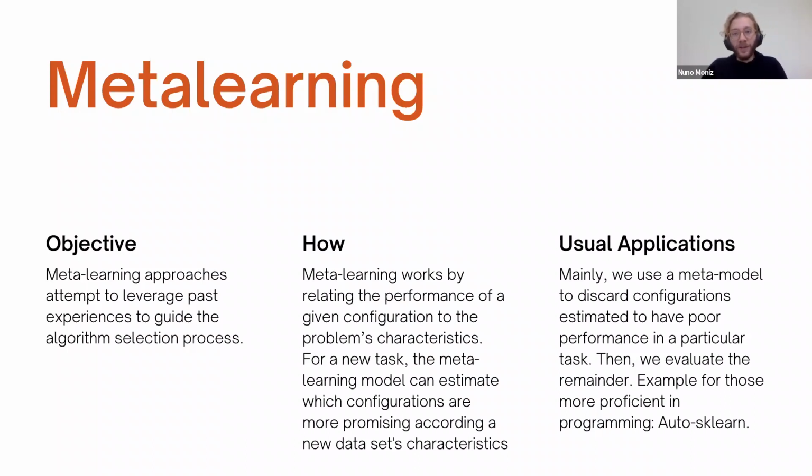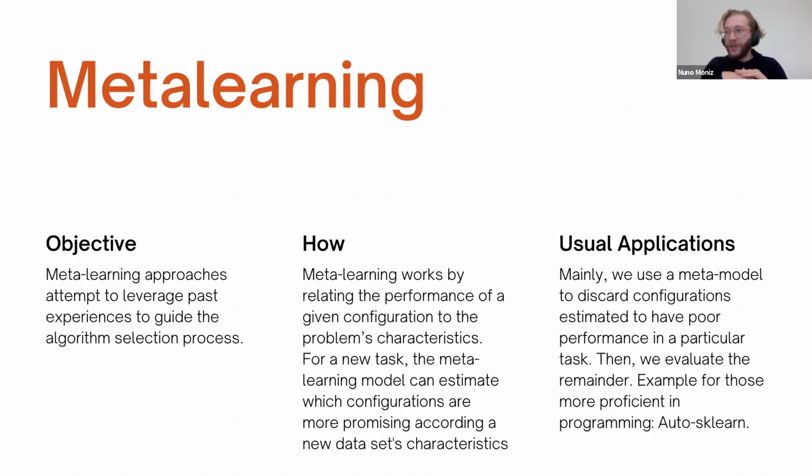So our objective with meta-learning is to leverage past experiences, so past experience concerning the performance of the models that we have seen in the past, and accumulate this information and combine it with the characteristics of the data sets in which they were tested, and to record the performance of each solution that we tested.